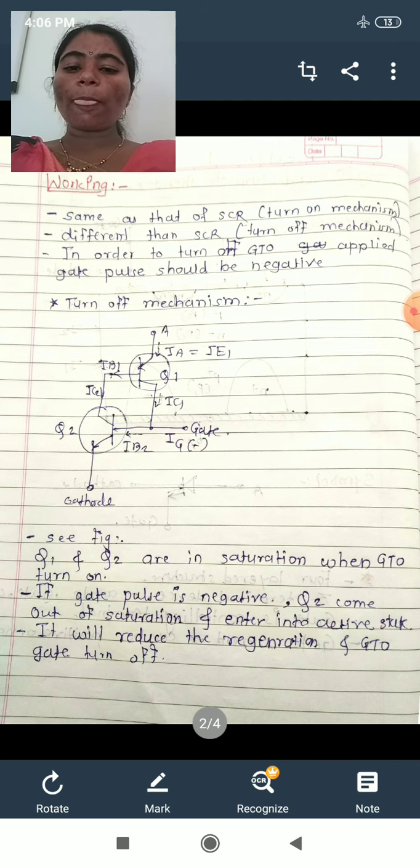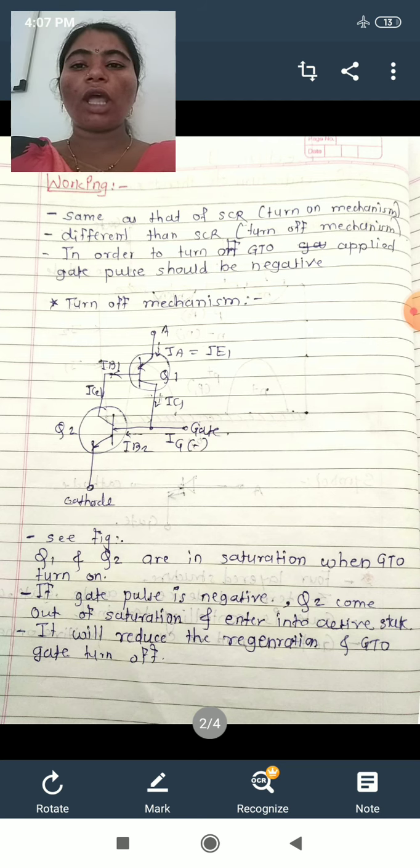Then what happens when it goes into the active region? It will reduce the regeneration and the GTO gets turned off. As regeneration stops, your cathode current goes on decreasing and your base current goes on decreasing, which means transistor Q2 goes into the turn off condition and it will turn off transistor Q1 also, because the base of Q1 is connected to the output of transistor Q2, and in this way it gets turned off.